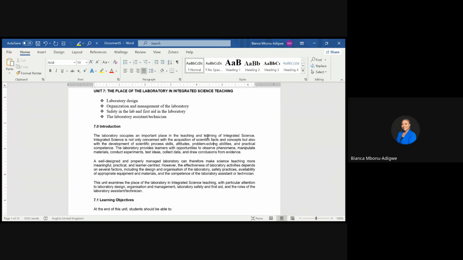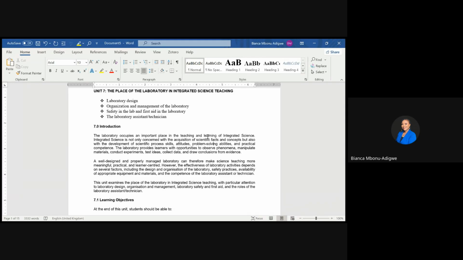So now that we are integrated science educators, what do we expect you to know as you move into the field, whether for your teaching practice or for your national youth service, or as a regular classroom teacher at whatever level from kindergarten to tertiary.